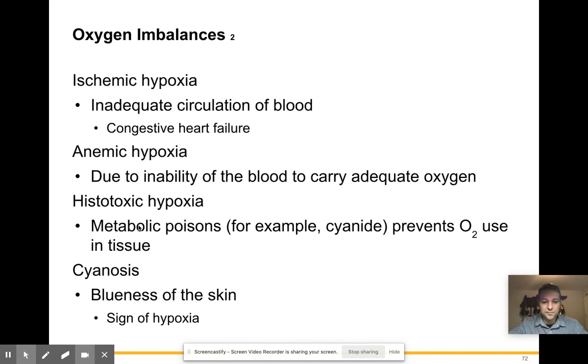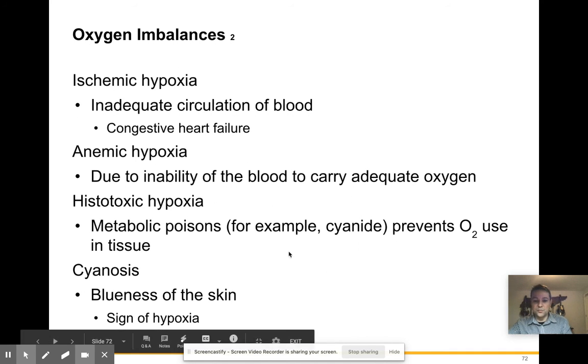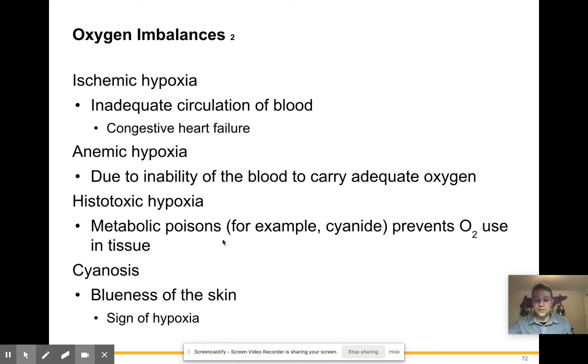Histotoxic hypoxia. Histo means tissue, toxic means chemical. So histotoxic hypoxia, or the reduction of oxygen due to some type of chemical, could happen by metabolic poisons. Cyanide is considered a metabolic poison, and what will happen with cyanide poisoning is that there's something in cellular respiration.